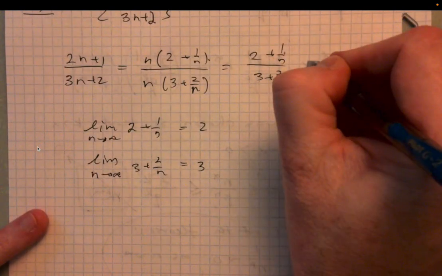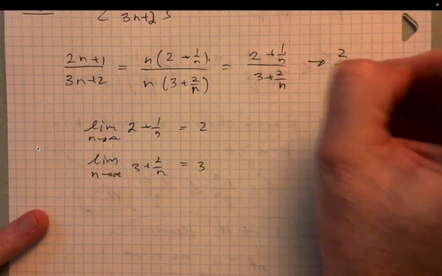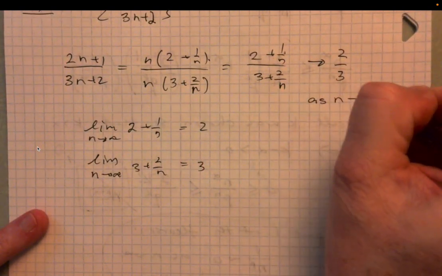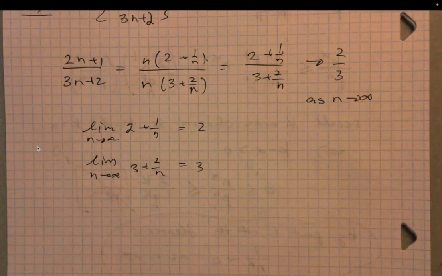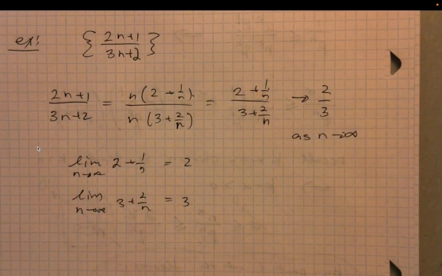And so this goes to 2/3 as n goes to infinity. We'll definitely have seen this kind of thing, and the point of raising it is that it falls back on the theorem we just proved.